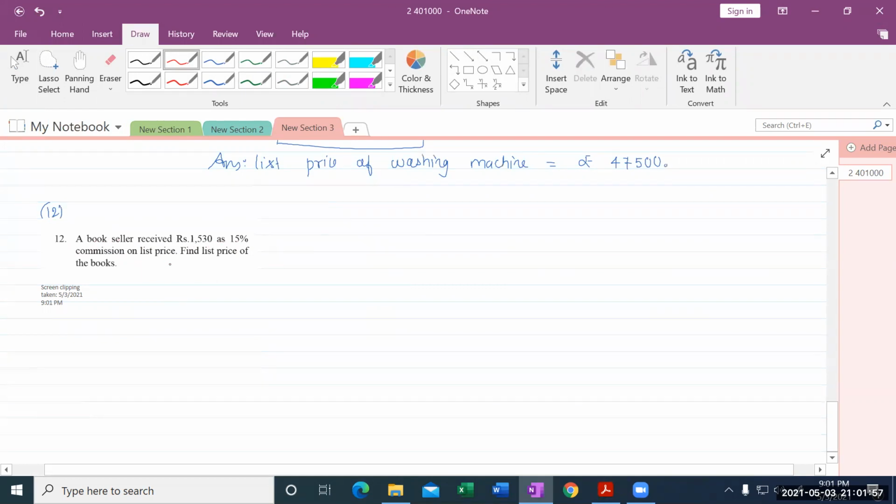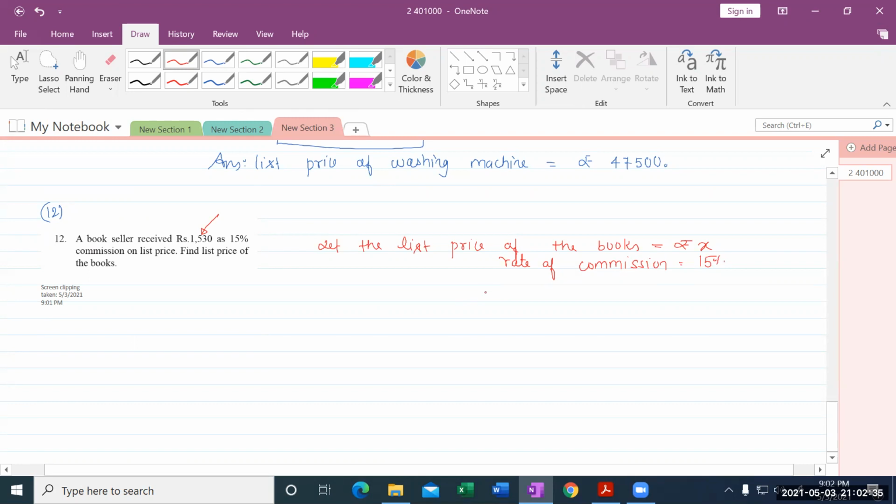Find the list price of the book. So this is given as commission. Let's start. Let the list price of the book be rupees X, that we have to calculate. Rate of commission is given as 15%.